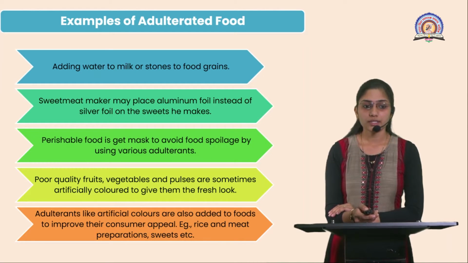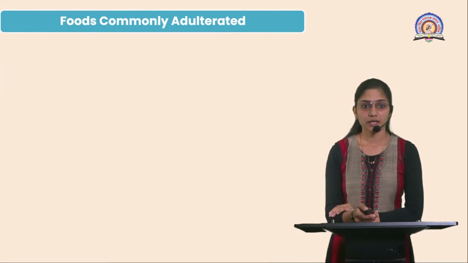And the last one is adulterants like artificial colors that are added to food to improve their consumer appeal, for example in rice and meat preparations or sweets. You know that in biryani or in different sweets, different artificial colors are added. So these are all different examples of adulterated food present in the market.